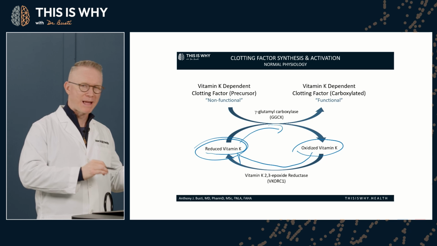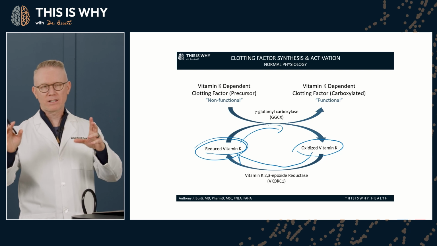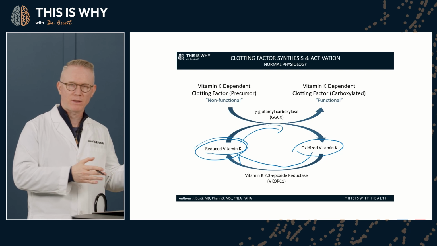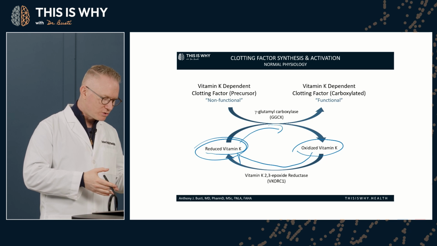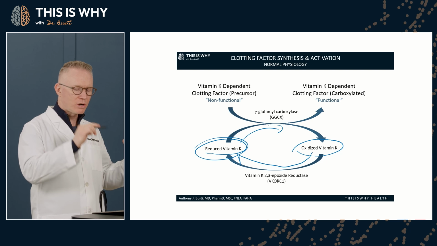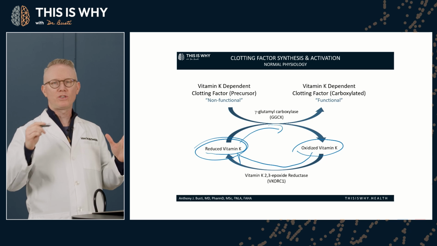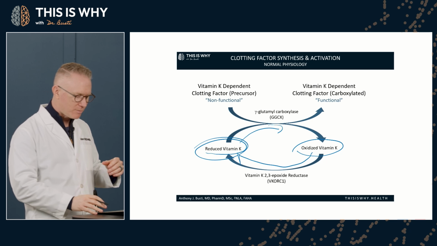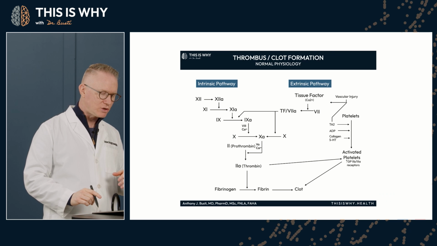It's reducing it back. So carboxylase is adding a carboxyl group. Reductase is reducing something from its oxidized state to a reduced state. And that now allows that recycling to occur so that the body can continue to not only make the clotting factors, but functionally activate them when we need to use them.